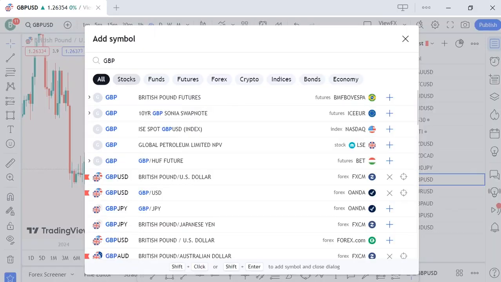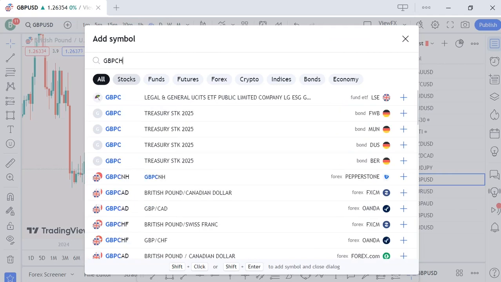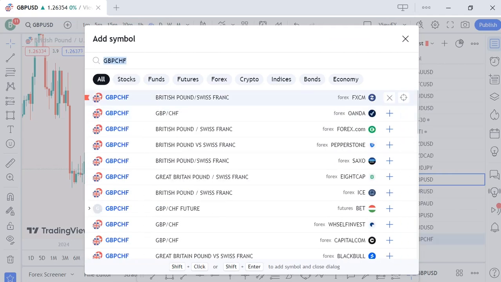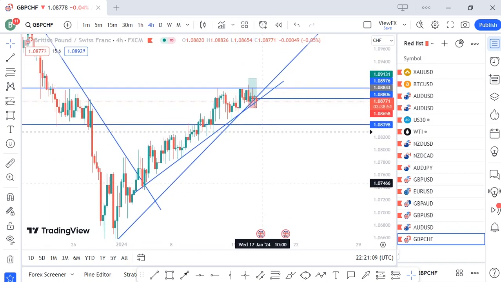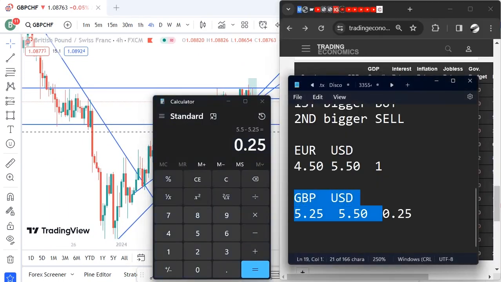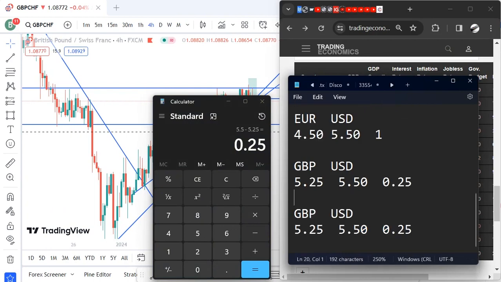I would like us to look at Great Britain, CHF. This CHF stands for Swiss francs, which is the currency used in Switzerland.